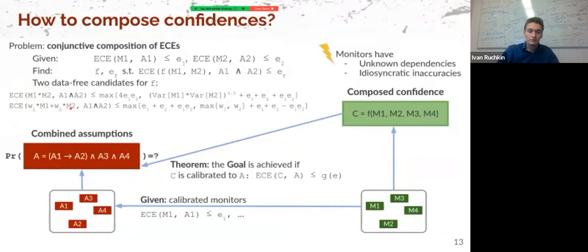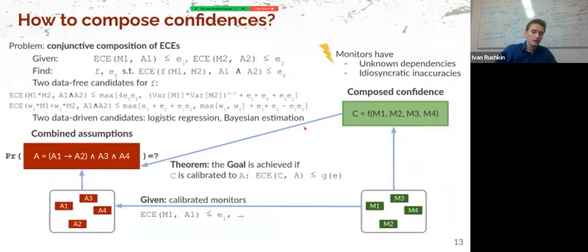If we have some data from the joint distribution of monitors and assumptions, we can try to use data-driven approaches for f, like logistic regression and Bayesian estimation. In this case, we don't get any bounds, but if we have good enough data, we would probably get better performance out of the data-driven approaches.